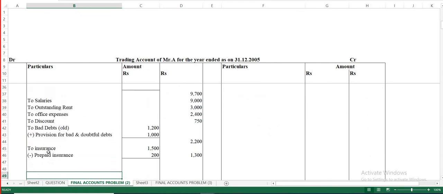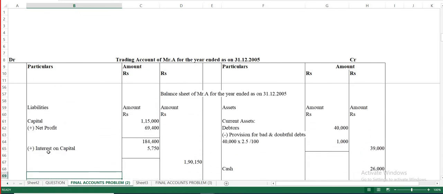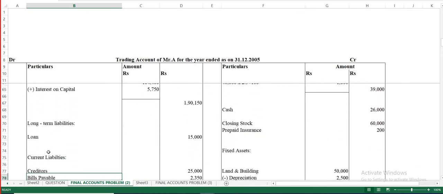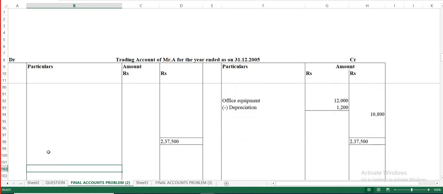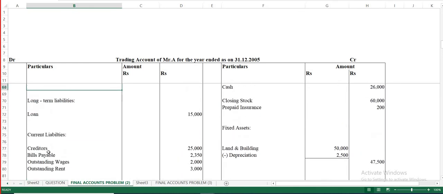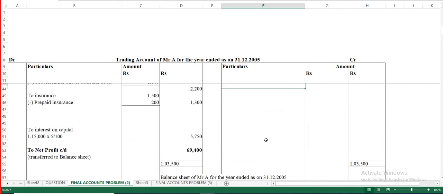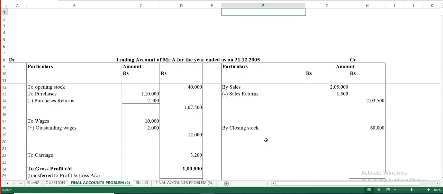And for the balance sheet, please don't use debit or credit, just use liabilities and assets and adopt a particular format. So mention fixed assets, current assets, and then under that mention the items. Like this you have to work out your trading, profit and loss account and balance sheet. That is your final accounts problem.